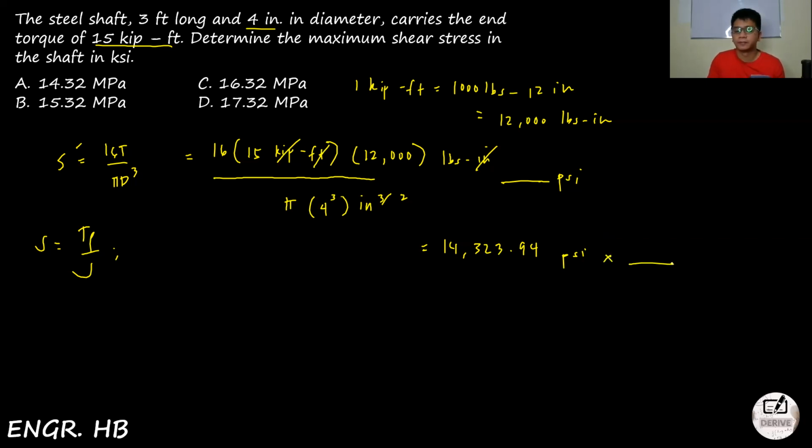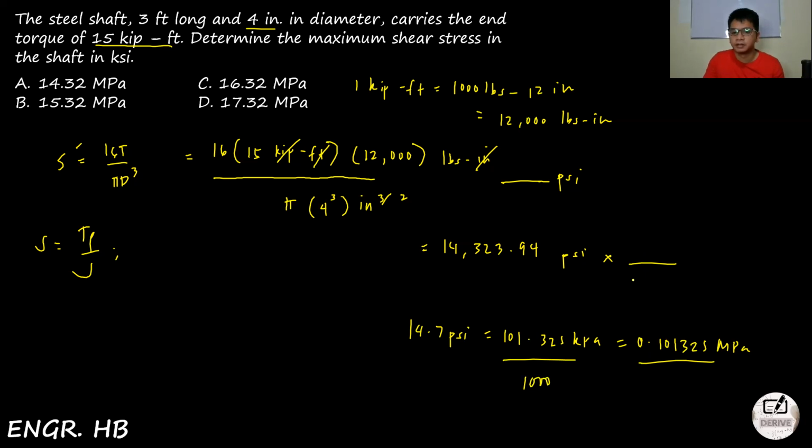Okay, so let's convert to megapascal. We all know that 14.7 PSI, or 1 atmospheric pressure, is equal to 101.325 kilopascal, or 0.101325 megapascal, because 1 megapascal is equal to 1,000 kilopascal. So just divide by 1,000 and we're going to get megapascal.